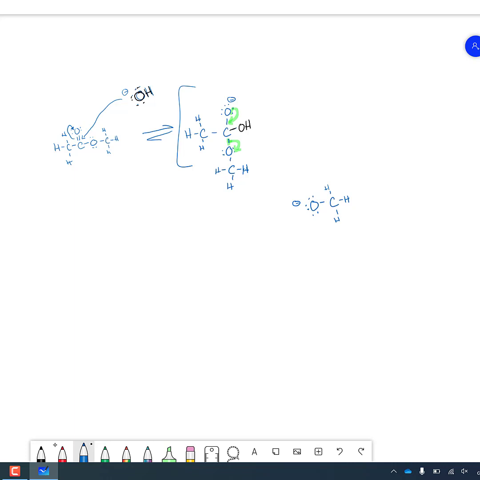And what we're left with up above at this point is an intermediate that looks like this. Now we've redouble bonded. OH has come on in. This isn't really cool.